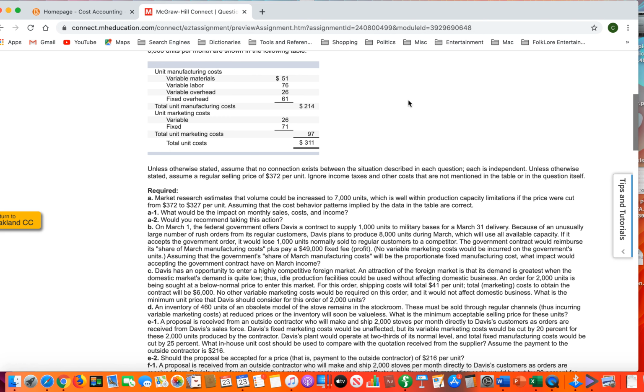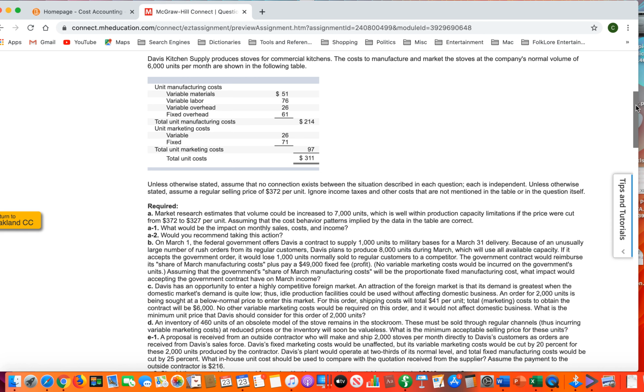Now, what's the fixed cost? The fixed cost is, well, let me back up here. The fixed cost, if you take the fixed cost, and let me do this here for you.